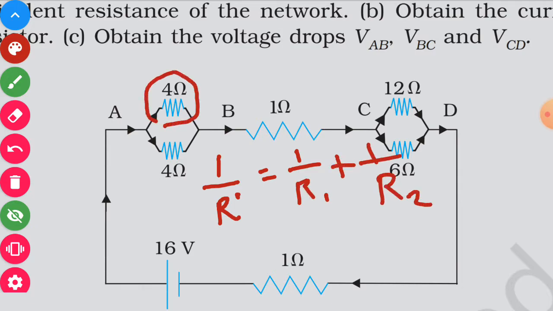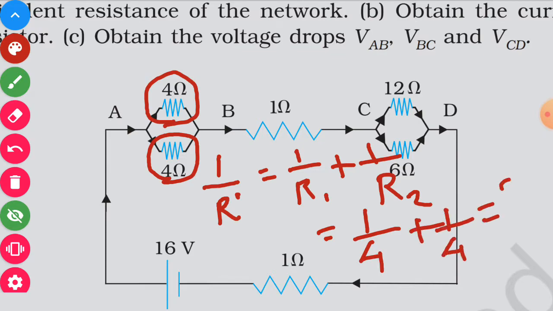So 1 upon 4 plus 1 upon 4. So this becomes 2 by 4, so it becomes 1 by 2, and the inverse of it, R prime will be 2 ohm.